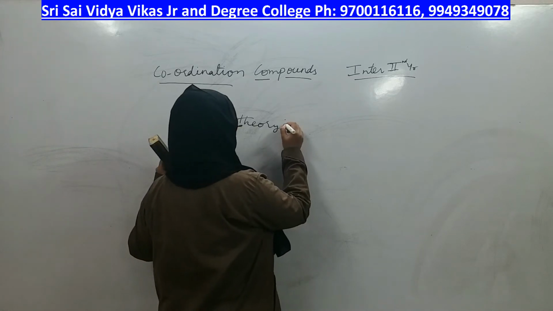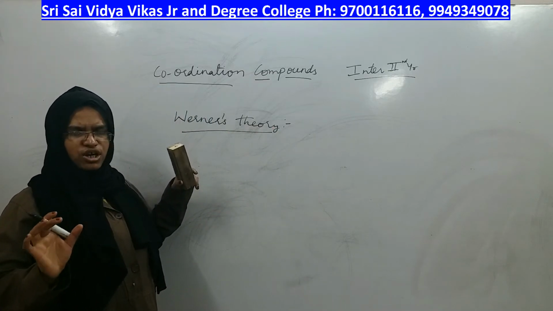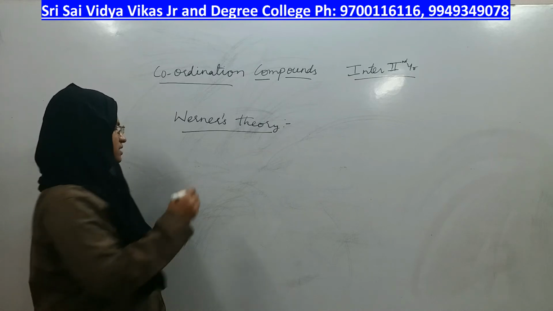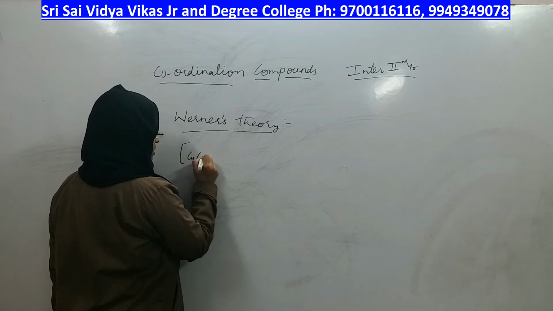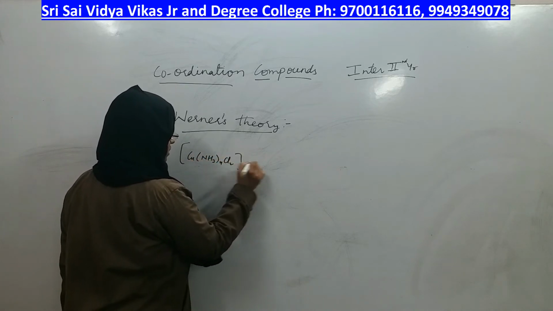So Werner's theory told us that a coordination compound is not like a normal salt; it is different. What is the difference? Let us see.